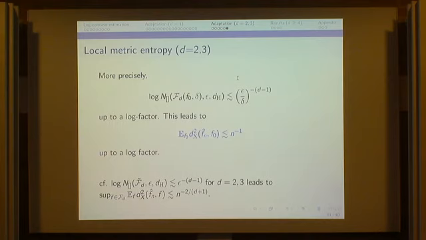If this is true, at least we found a true density which gives us a really good adaptive property. And this is much faster than our minimax optimal rate, which is n to the minus 2 over d plus 1, when the dimension is equal to 2 and 3.